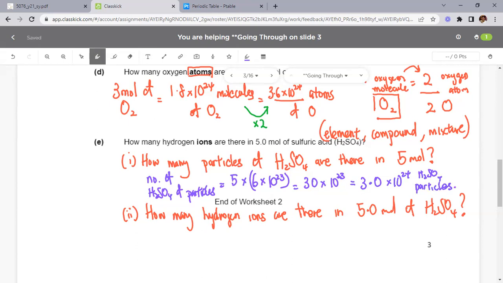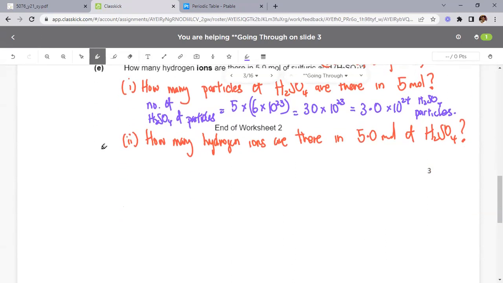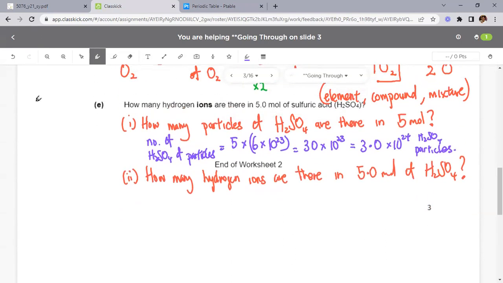So this is what you have done for part 1. Now it's about making sense. If you think about how many hydrogen ions there are, what I know is H2SO4, if I put it in water and let it dissolve, this is my sulfuric acid.